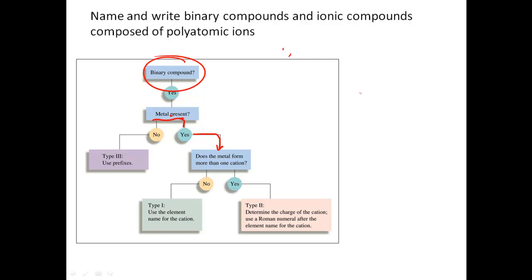Now, if the metal forms more than one kind of cation, you have to determine the charge of the cation and include the Roman numeral after that. So, for example, if we have iron, which forms more than one cation, we need to know something about its charge.